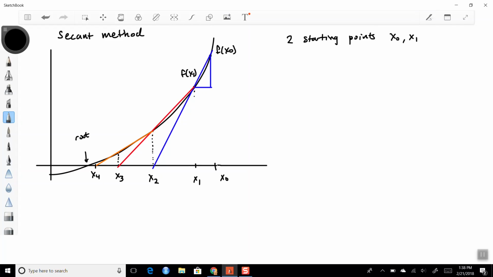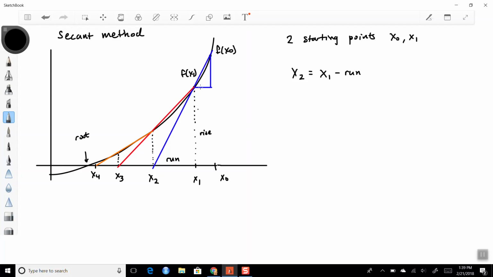Okay, how do we figure out your next value here? How do we know what x2 is going to be? Well, x2 is going to be equal to x1 minus the run of this triangle, right? So I've got the run, I've got the rise, okay?